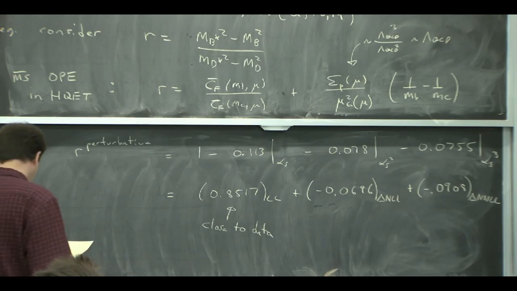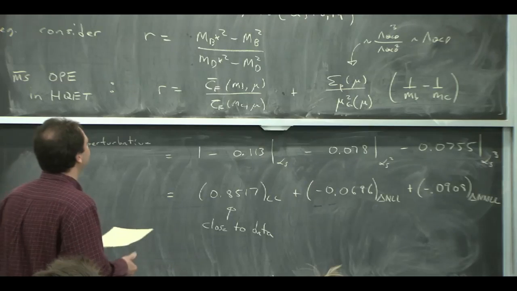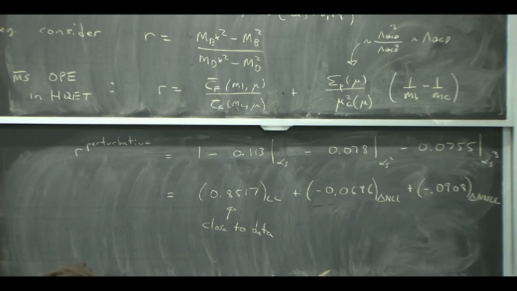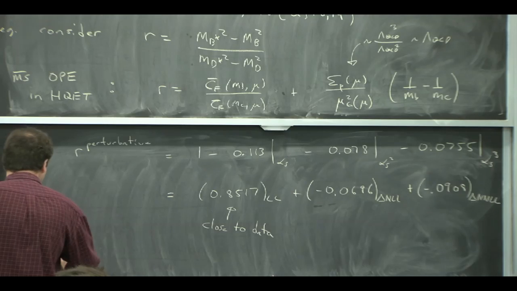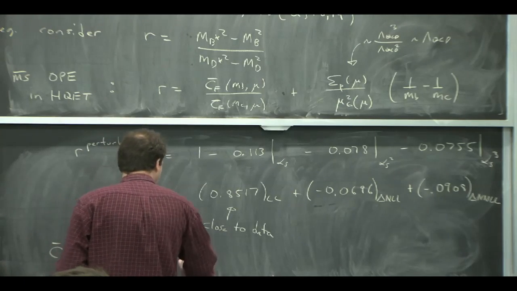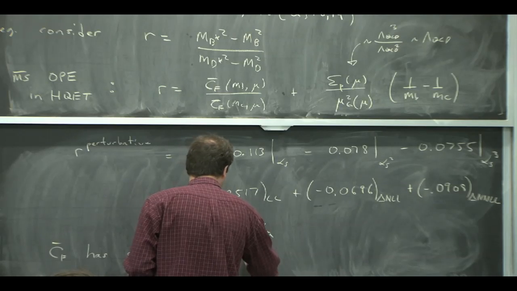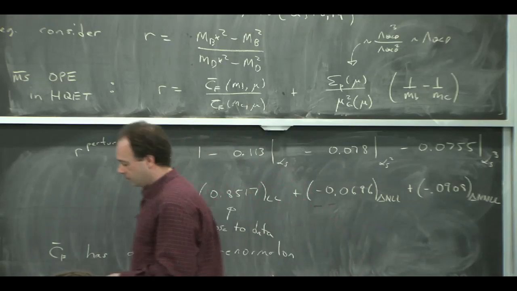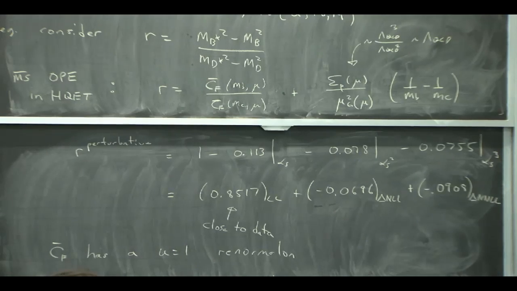OK? So we could throw up our hands and say, oh, it doesn't work. Or we could try to do something better. So let me show you what happens if we do some of this stuff that I've been telling you about. This guy has a u equals 1 renormalon. You can check that very easily by doing a bubble sum. Switch to the MSR scheme.